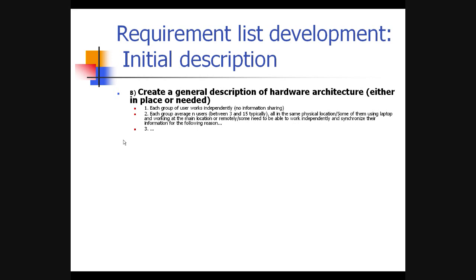So what does that give you? Well, obviously you see in the first and second cases that this gives you a clue about the logical architecture that you're going to need to build: either work in a network, work with replication, or work with remote access. All this is going to be given to you by the real hardware architecture.